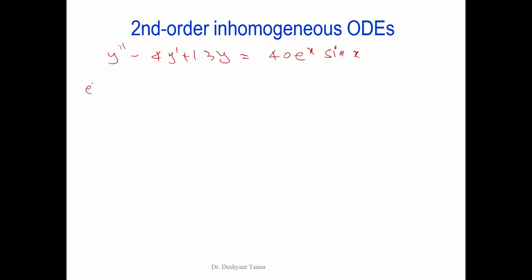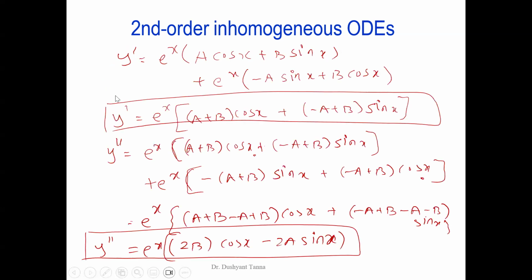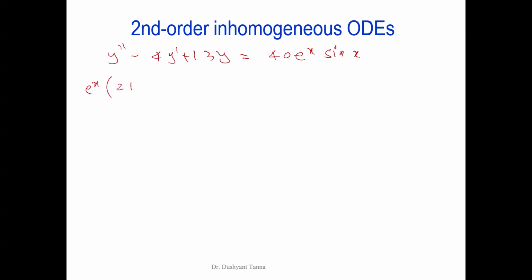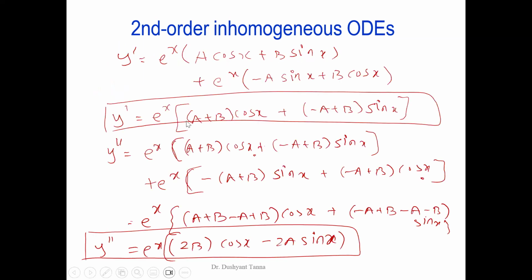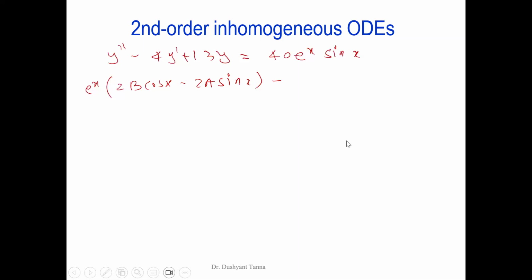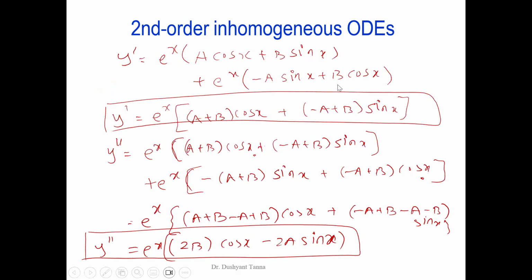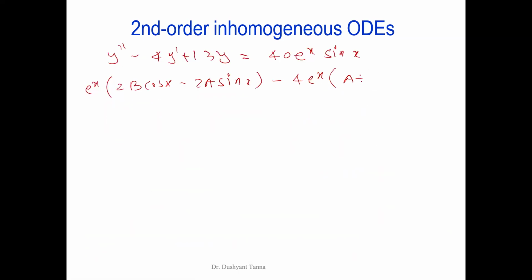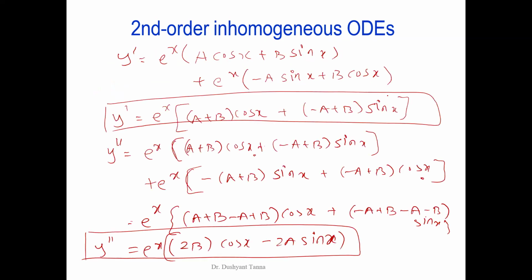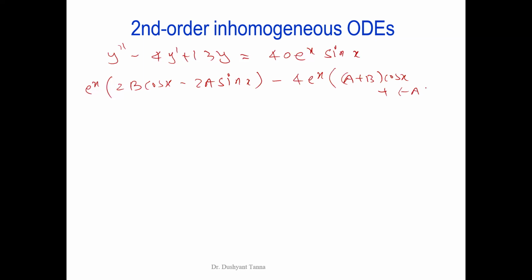It's easy to compare: e^x (2b cos x - 2a sin x), minus 4y', that is this, so 4e^x ((a + b) cos x + (-a + b) sin x), plus 13y.